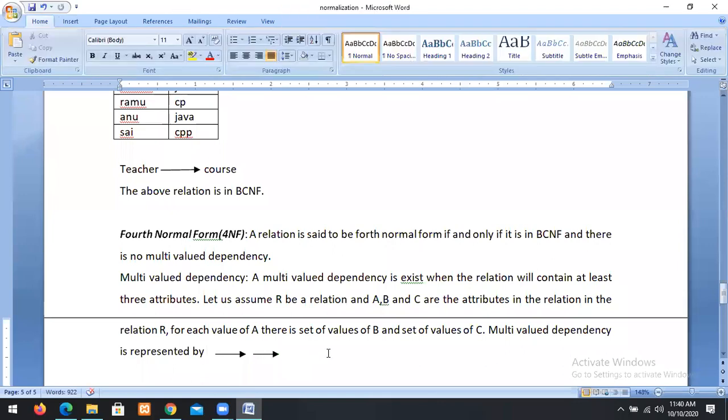So if two arrows are there, then it will be represented as a multi-value dependency of B on A.